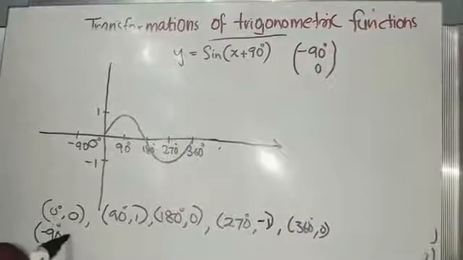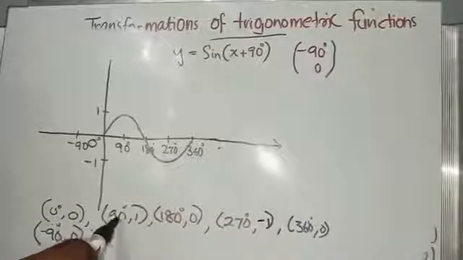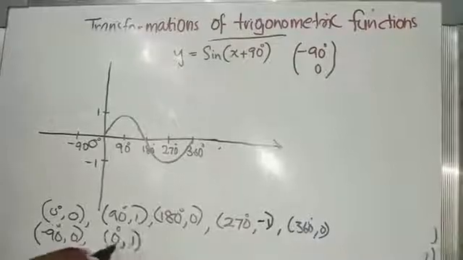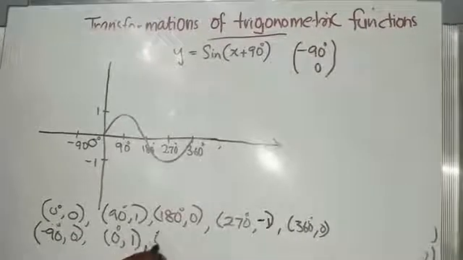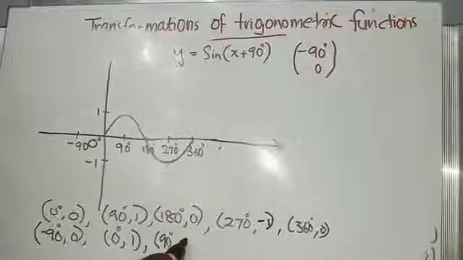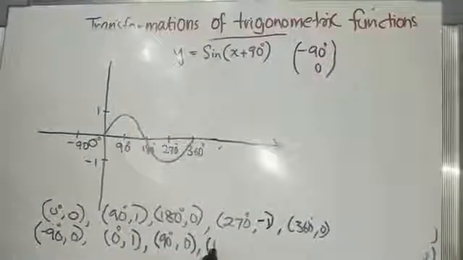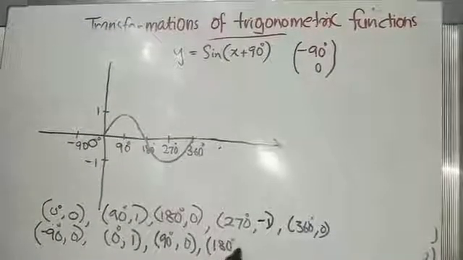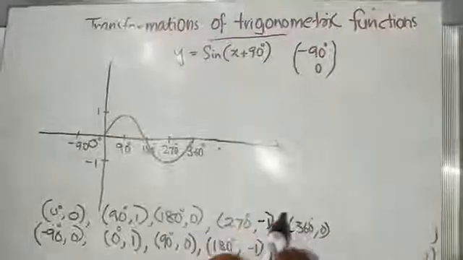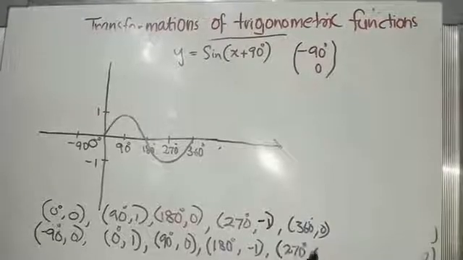The next point, 90 minus 90 is 0 degrees and the y coordinate remains the same. Next, 180 degrees minus 90 is 90 degrees, y coordinate remains the same. 270 minus 90 is 180, y coordinate remains minus 1. 360 minus 90 is 270, y coordinate remains 0.